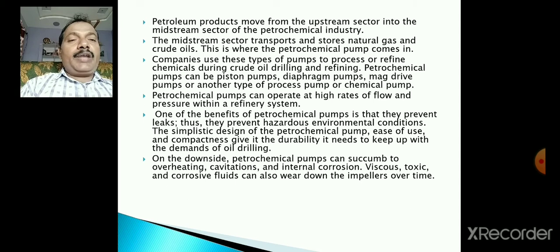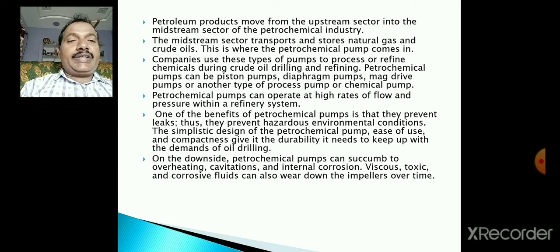Petrochemical pumps can operate at high rates of flow and pressure within a refinery system. One of the benefits of petrochemical pumps is that they prevent leaks, thus they prevent hazardous environmental conditions.